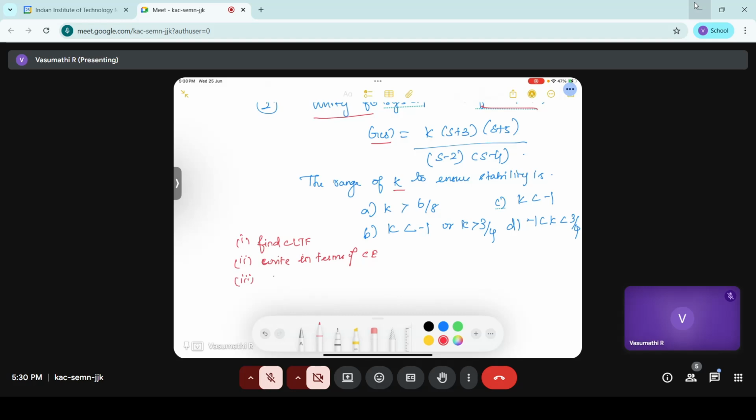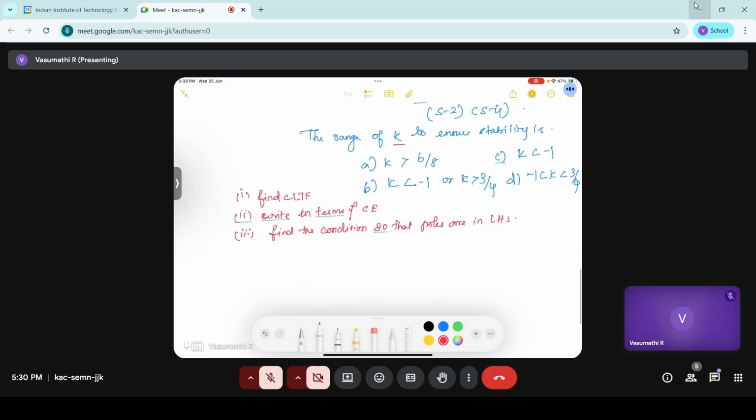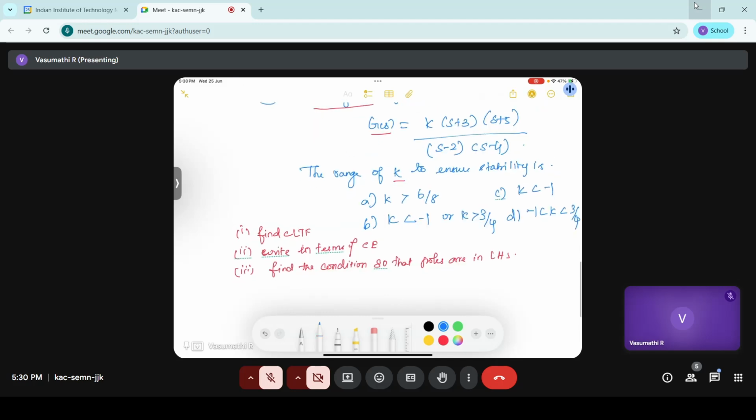Third step, find the condition so that the poles are in the left half of the s-plane. So these are all the 3 steps you have to follow. Can you solve it?